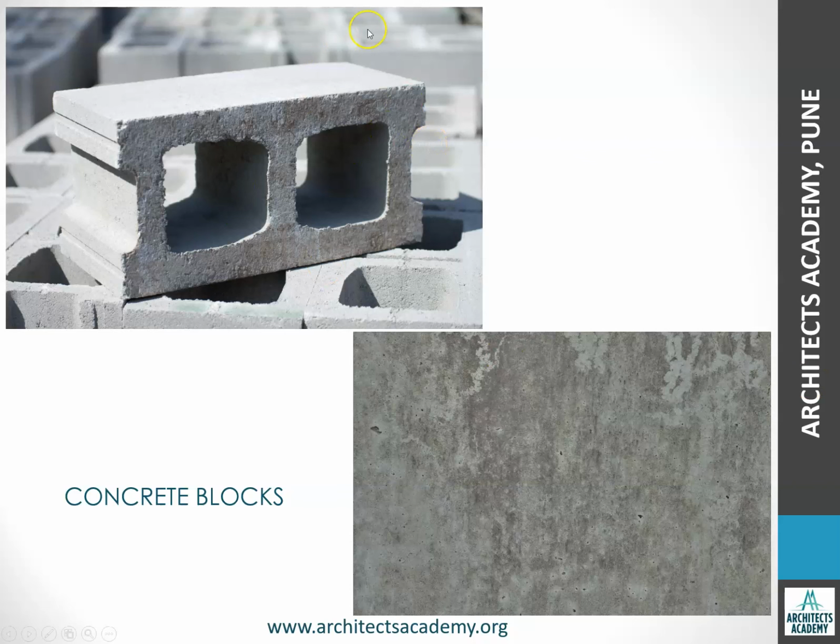So this is how a concrete block will be seen. Concrete blocks can be of various types. This is just one type. You can have a solid block also without these holes. Solid block is also possible. These holes are serving a purpose. What purpose are they serving? They are saving on material, of course, because this concrete is not really required. So saving on material happens, so the cost is reduced.